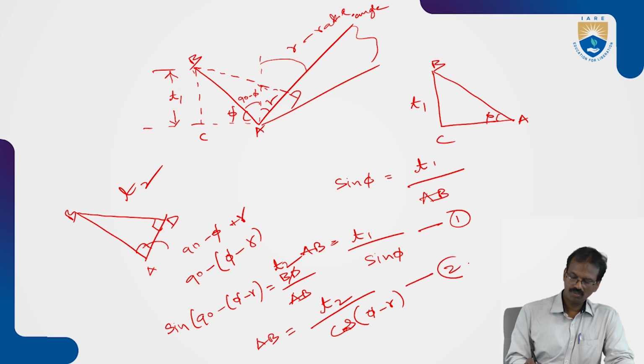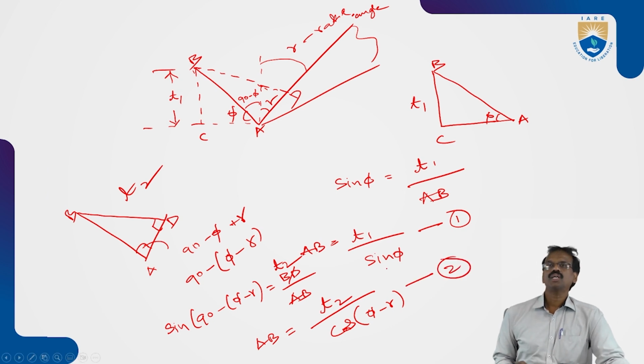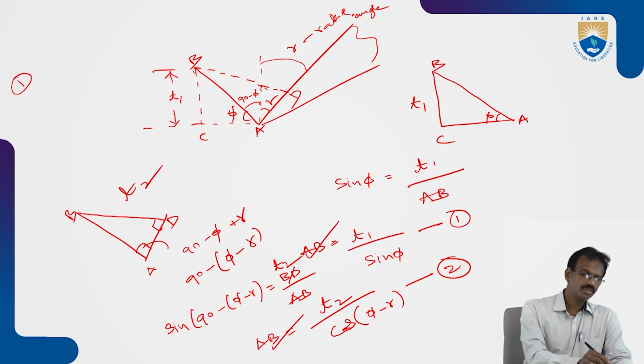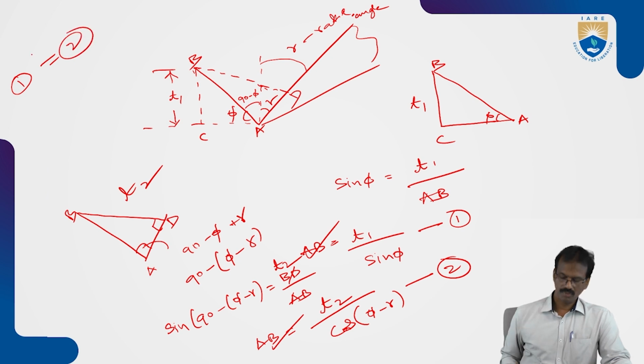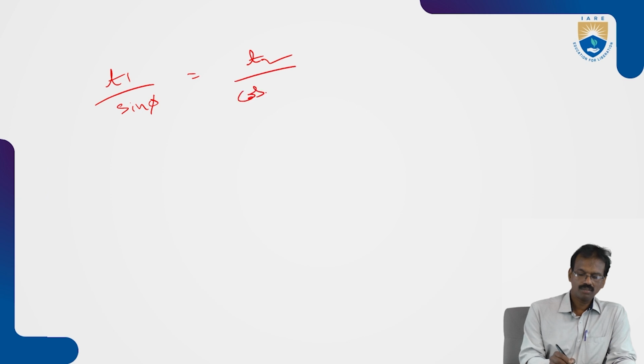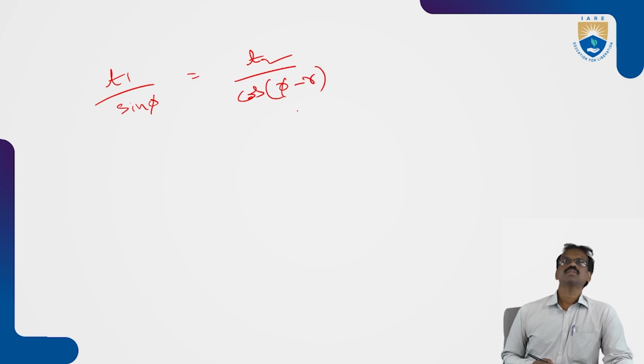So this is equation 2. Then you can equate equation 1 and equation 2, because this one is the AB, this one is the AB. So T1 by sine phi is equal to T2 by cos phi minus gamma.